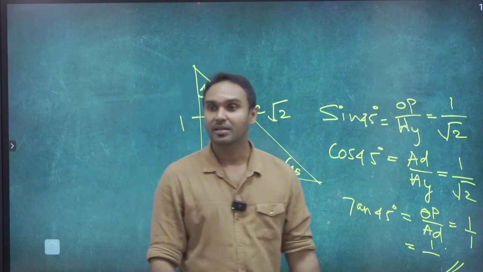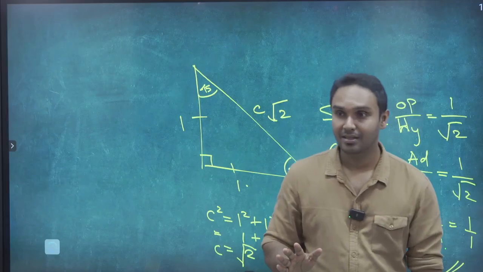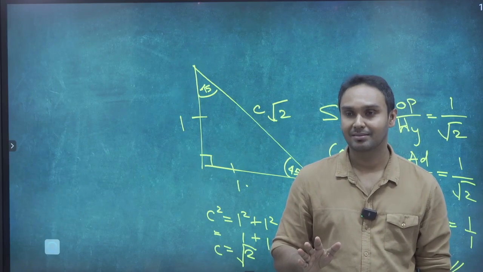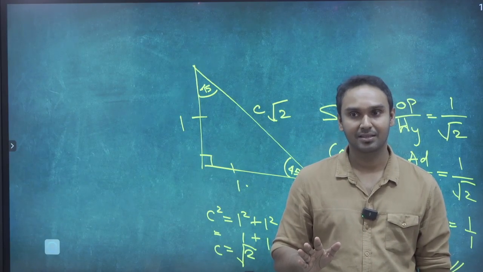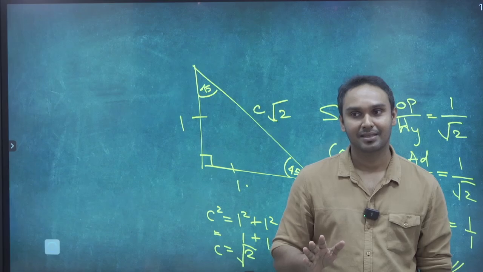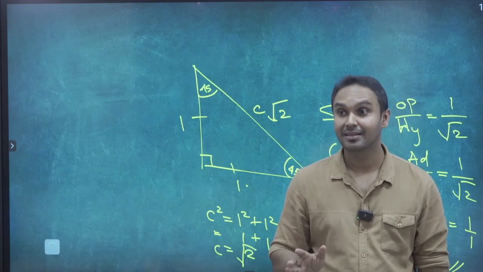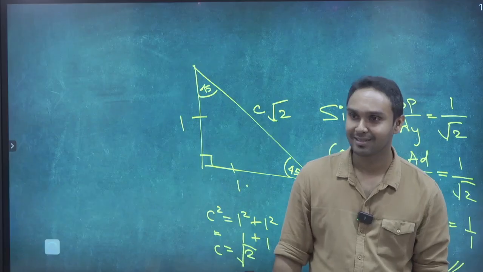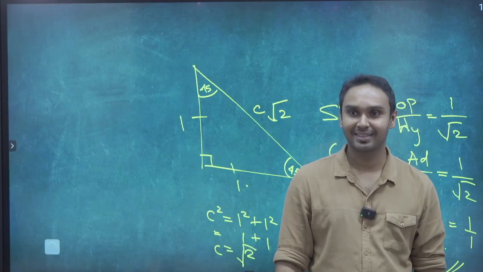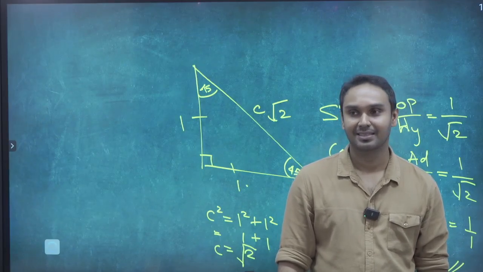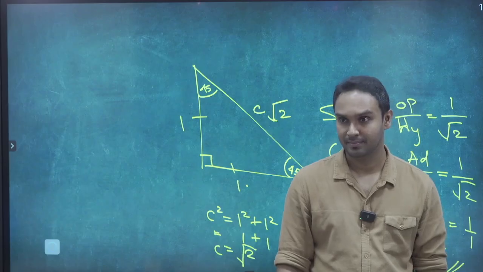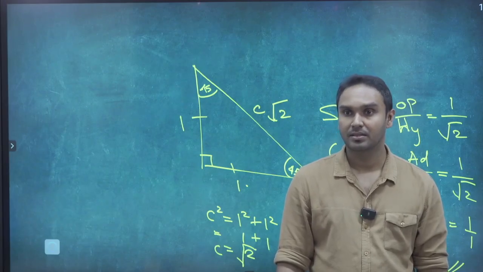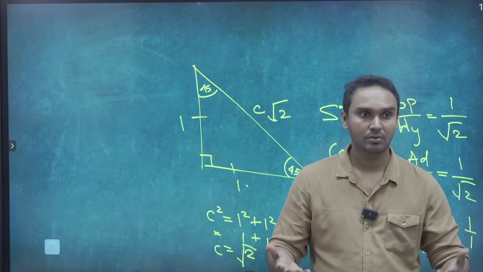Write down the values quickly. Today the crowd isn't behaving nicely. Anyway, sir, why did we change the time of the class? Because you people wanted to go for the schools.